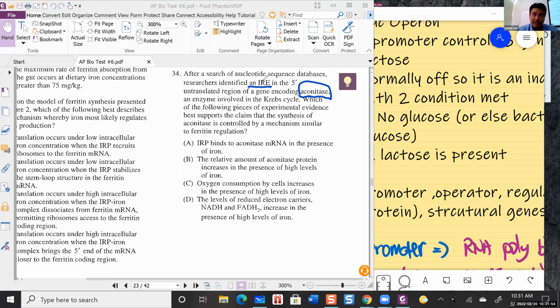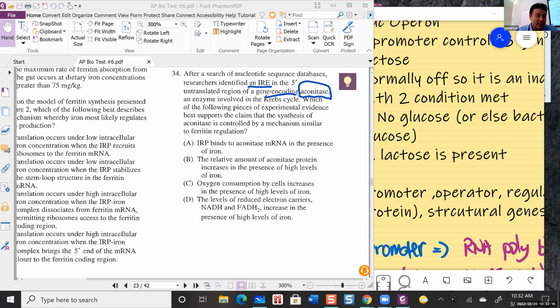So again, IRE is found in the ferritin mRNA, which produces ferritin. Now we found another IRE in another gene coding for a different enzyme, not ferritin. So our assumption right away is that aconitase is also controlled using the same mechanism. And this enzyme is in the Krebs cycle.